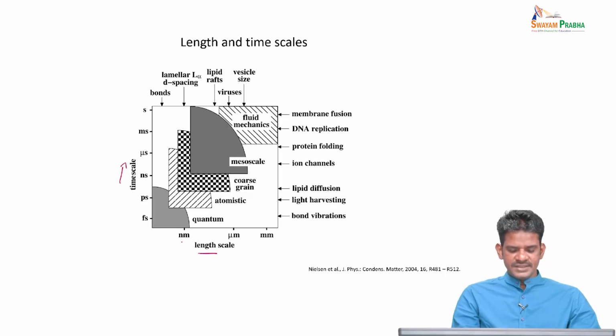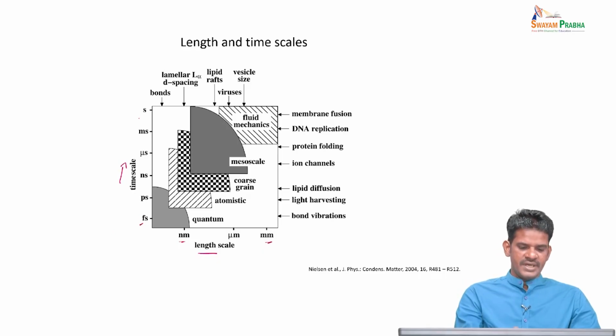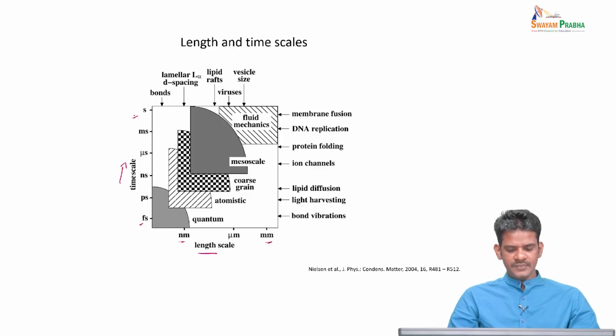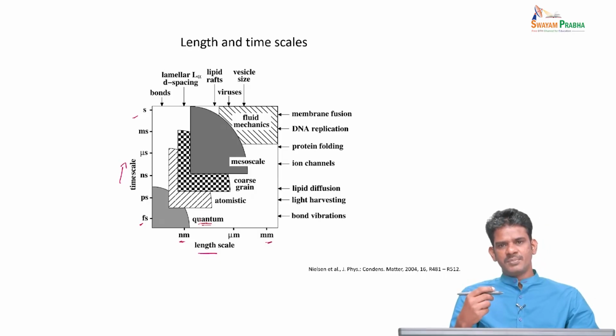In this case, the length scale varies from nanometers to millimeters, and the time scale goes from femtoseconds to seconds. When you're looking at a very small length scale and small time scale, we are in the quantum regime. In this quantum regime, the dynamics are dominated by electronic transitions. The electronic degrees of freedom are important. Much of the change that happens in the system is governed by electronic dynamics.